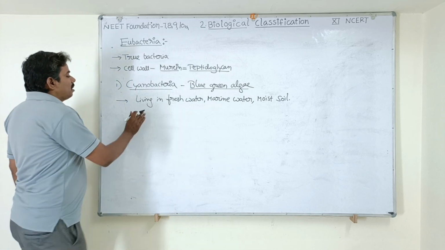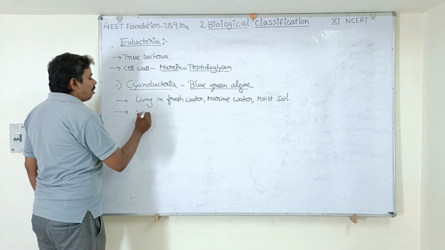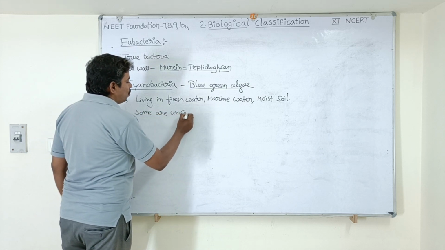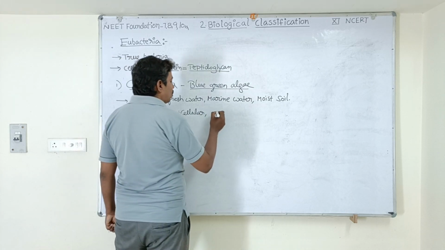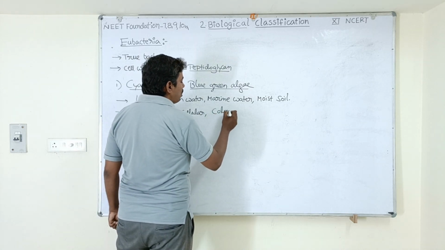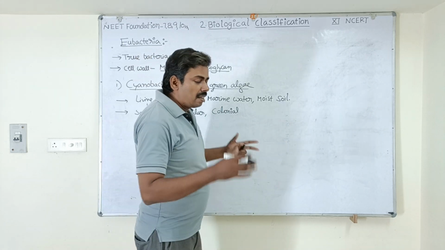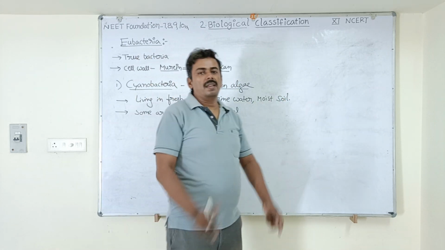Okay, and what is the shape of these cyanobacteria? Some are unicellular. Some are colonial. Some form colonies. So what is colonial? Several single-celled cyanobacteria will form a group and live as a colony, as a group.